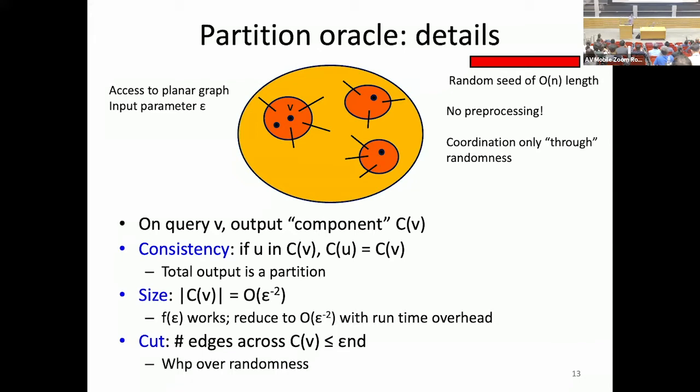Any questions? Quick question: can the random seed be n log n, so that I can get a random permutation of the vertices? Actually, it's probably n log n, yes. And is the random seed given to all the vertices, or does each vertex get a piece of the randomness? I'll repeat the question. First, is this n or n log n?